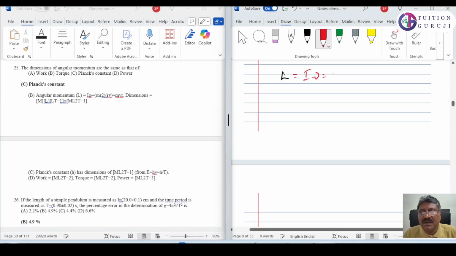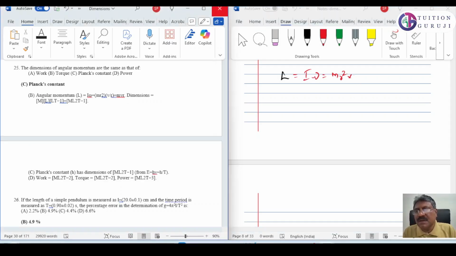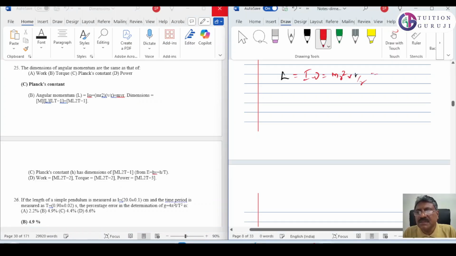I is moment of inertia, which is M R square, and omega is V by R. So R and R will get cancelled, and it is equal to M V R.